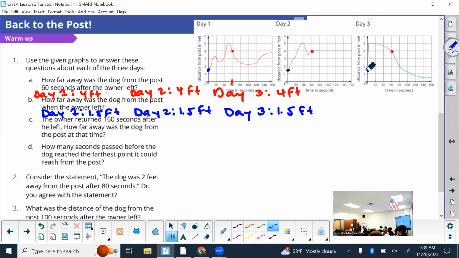Okay, so then table 7, part C. The owner returned 160 seconds after he left. How far away was the dog from the post at that time on day 1?